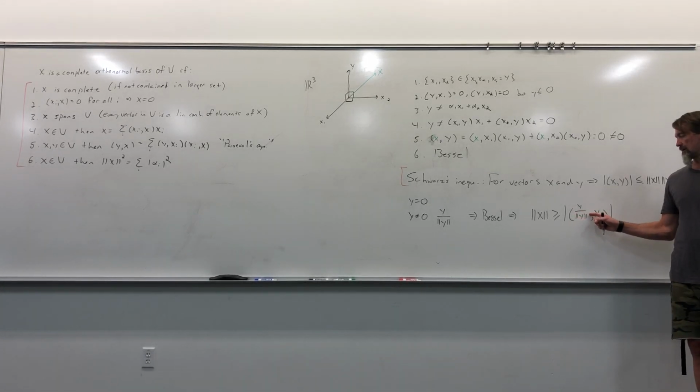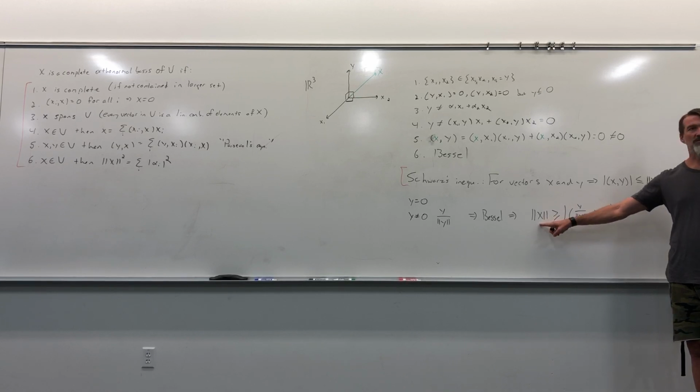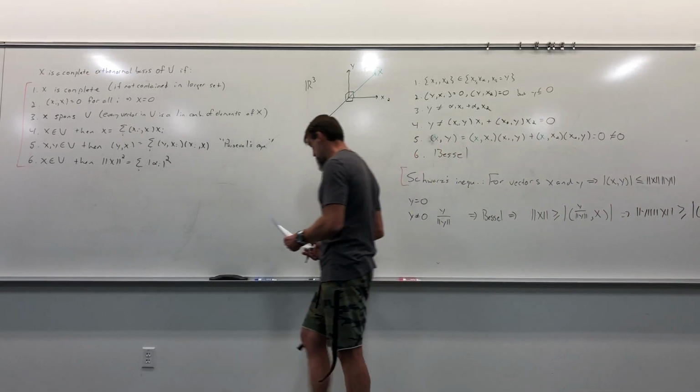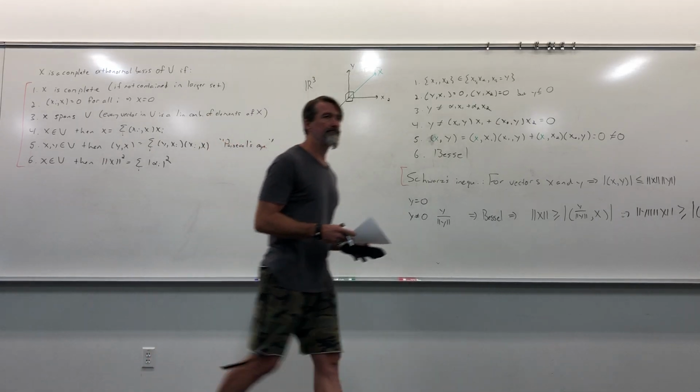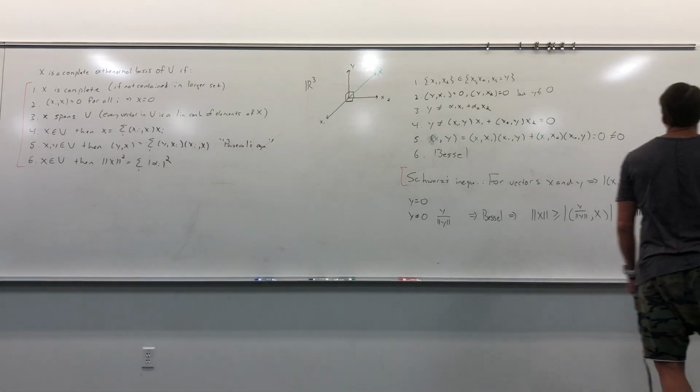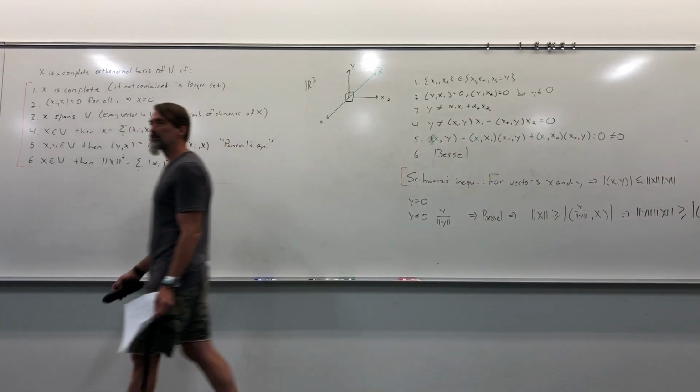What is this thing right here? It's a scalar. I can just yank it out of here and in fact move it to this side. There you go. Okay. All right. Are there any questions?